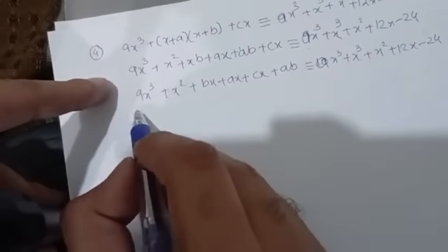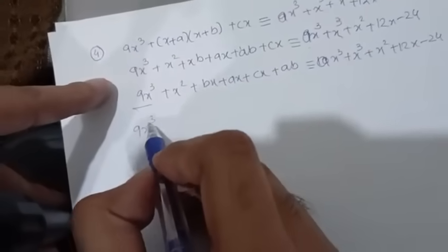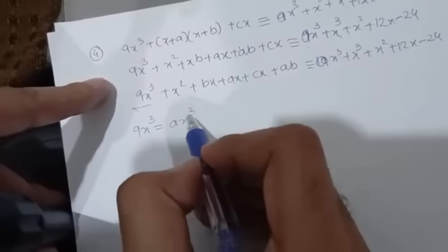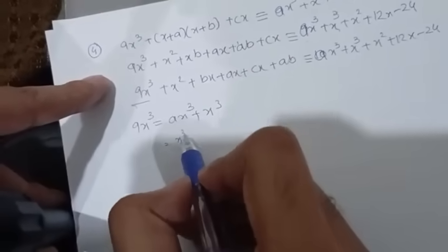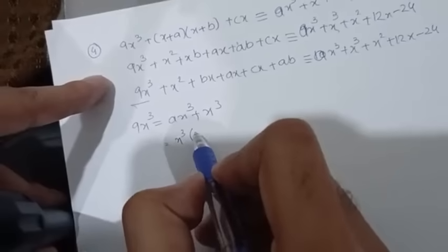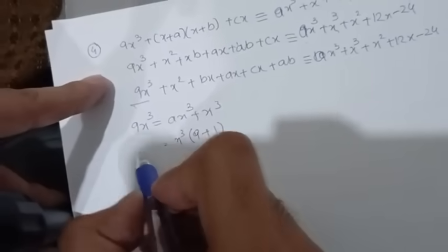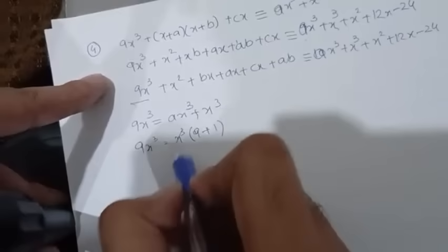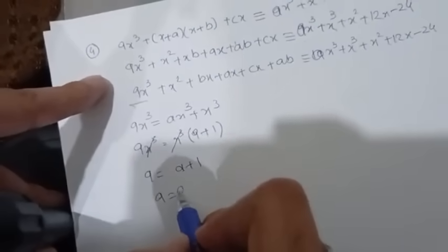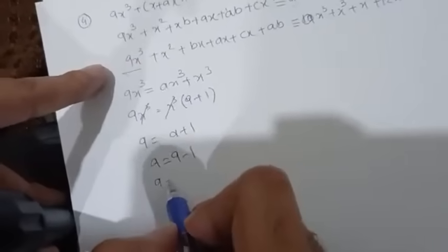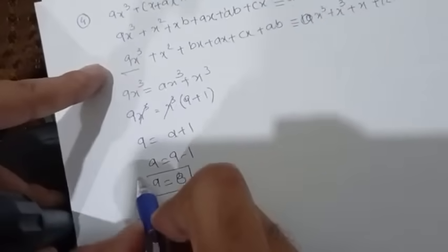So now 9x cubed will be equal to ax cubed plus x cubed. X cubed will be common. This will become a plus 1, and 9x cubed. X cubed will be cancelled. A plus 1 is 9, a is equal to 9 minus 1 and a is equal to 8.